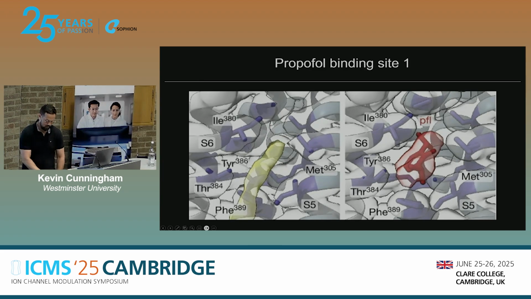And what we found with Site 1, it was in between the S5, S6, and it was about 20 Angstroms from lipids, which fit with what Peter Goldstein had previously shown. So he anchored Propofol to the lipid membrane, and using a 20 Angstrom scaffold, that's where it was found to have its highest effect. So we were in the same ballpark as that. So that made us quite excited.